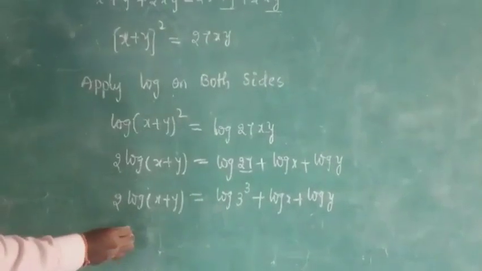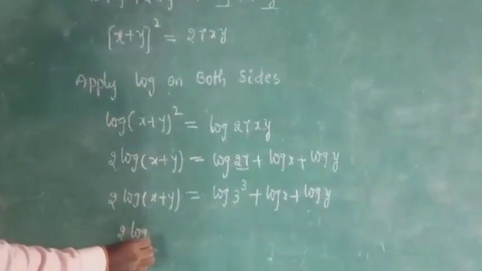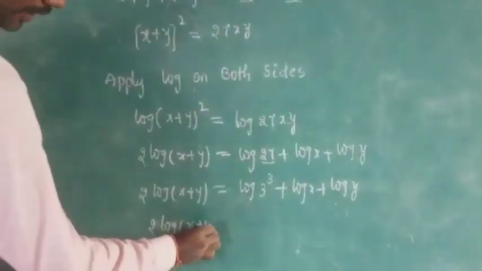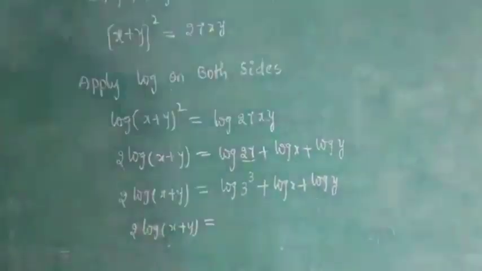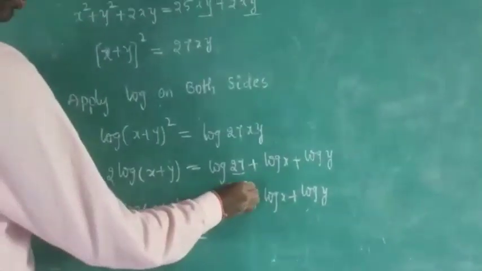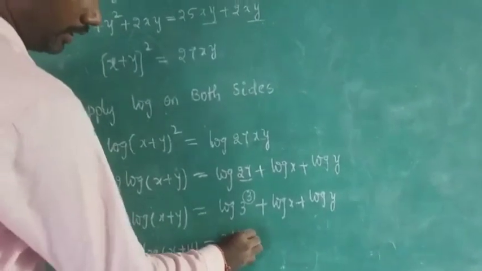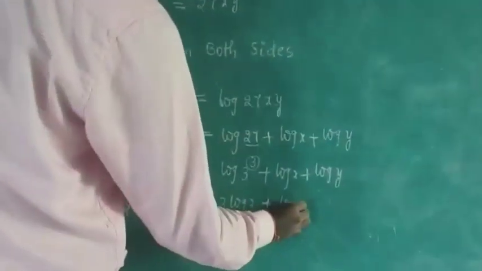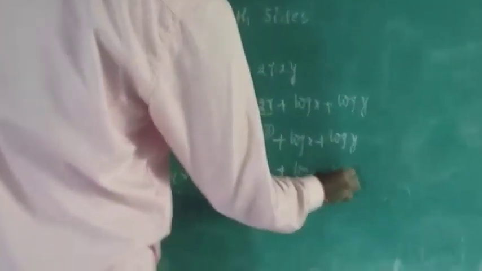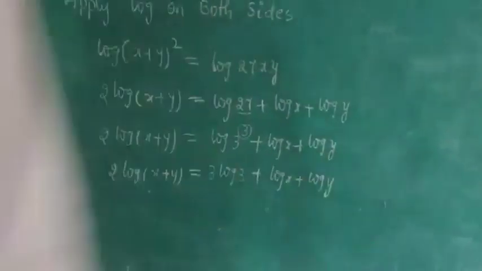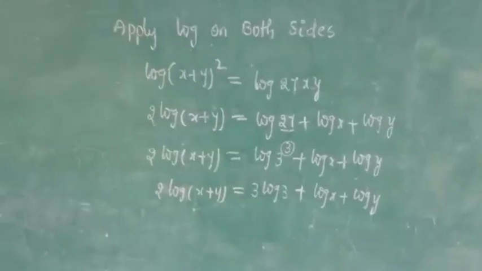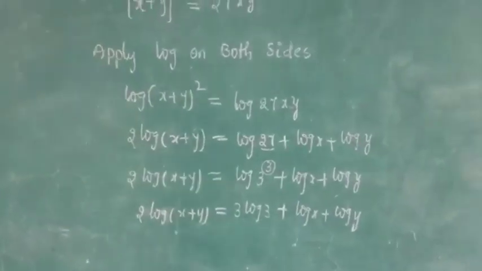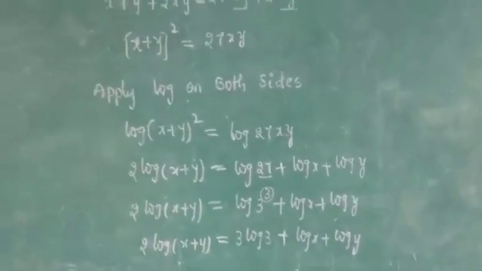So 2 log of x plus y is equal to, this is the power rule, so you will write 3 log 3 plus log x plus log y. So concentrate on it clearly. You got the answer or not? You got the same answer whatever we had to prove.